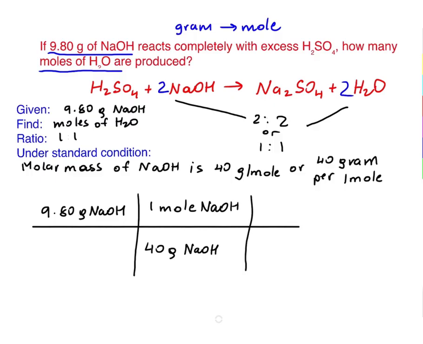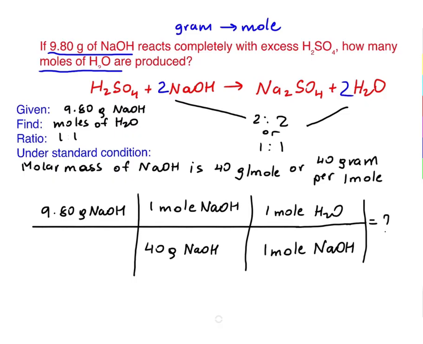And then the next one is the ratio. You need to write it down, and it's 1 to 1. Again, you can write 2 to 2, but it won't matter because the division will also get you 1. And it's very important to write the correct units, the mole of NaOH and the mole of H2O, and make sure that they cancel.